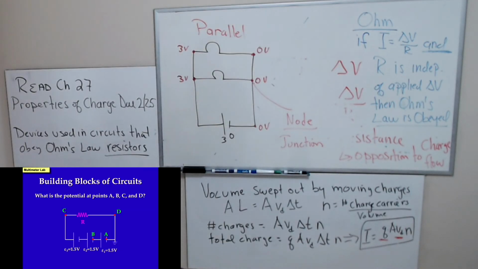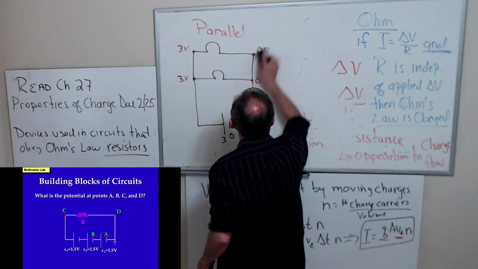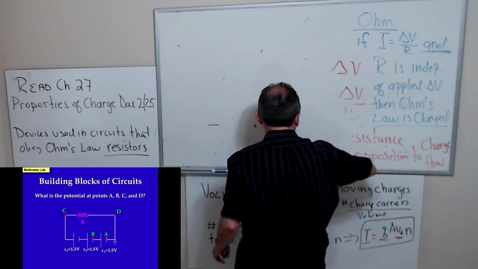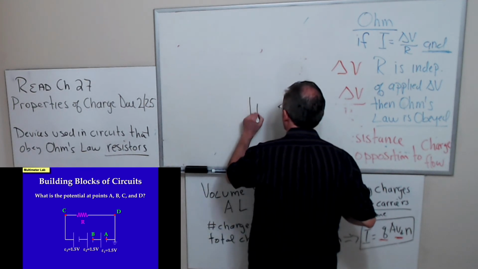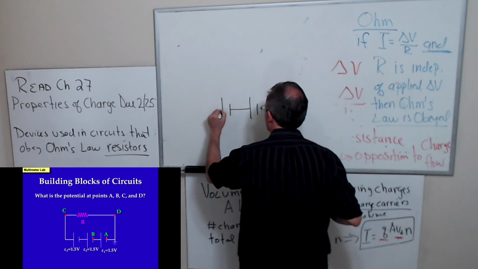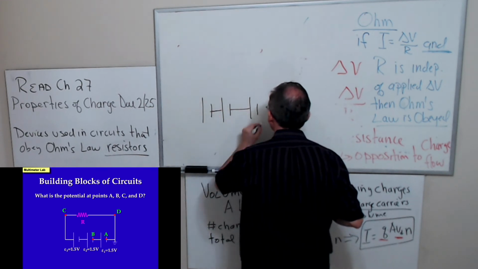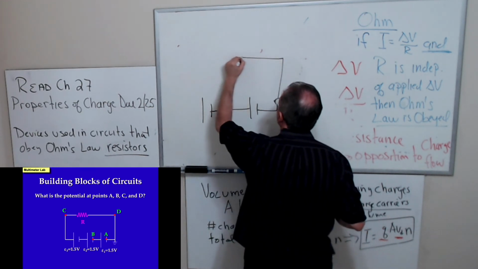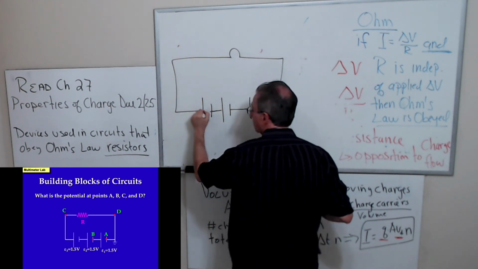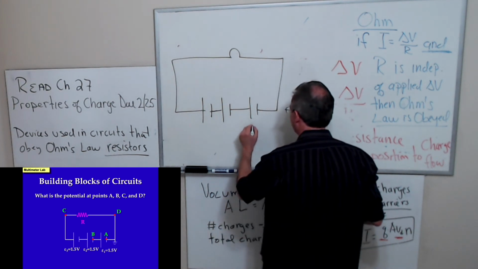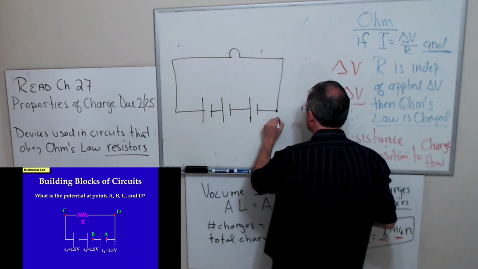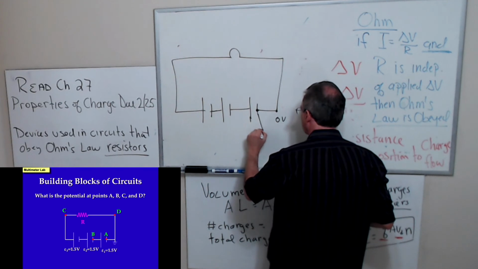and illustrate this. There are 3 separate cells. Let me change my view here. Oh, I got it. And so this point's at 0 volts. This point, 0 volts.